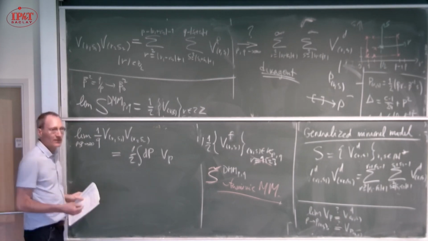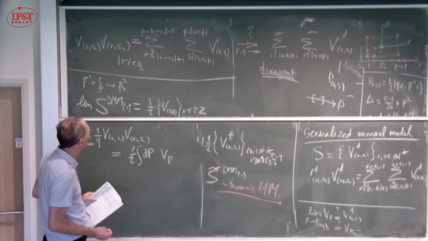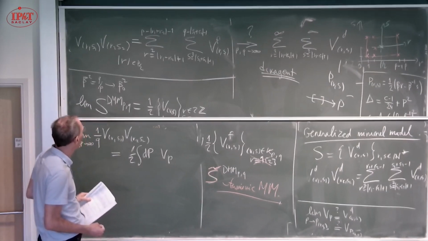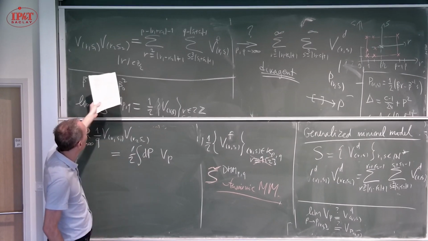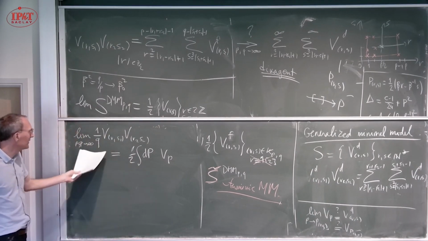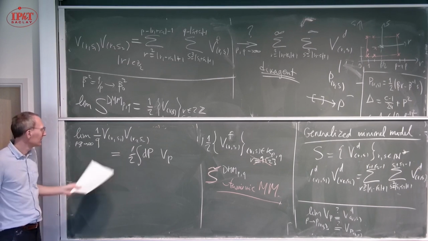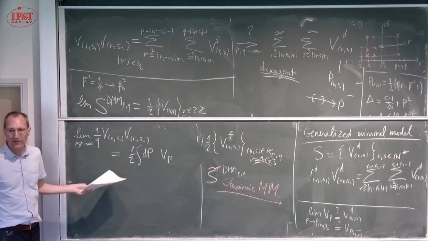Does it mean you should put the 1 over Q both on the left-hand side and on the right-hand side? Of which equation? The last equation. This one? Yes. What you are saying is that in fact 1 over Q times V_RS has a finite limit. Yeah, I'm saying what is written.